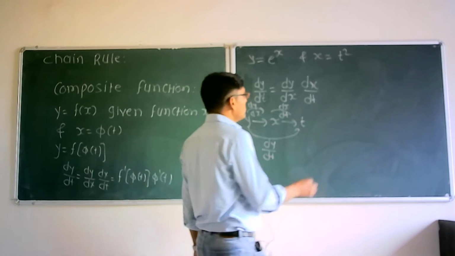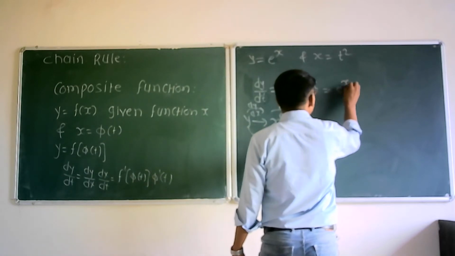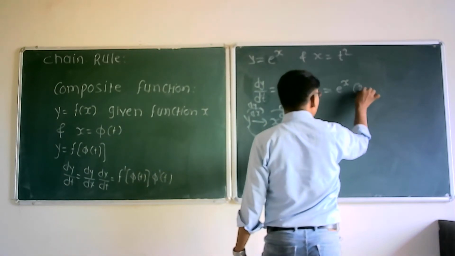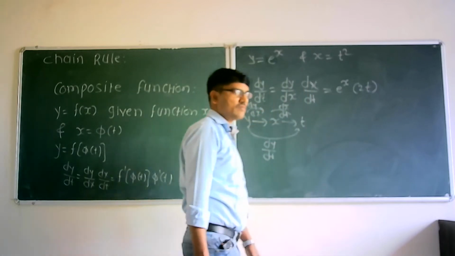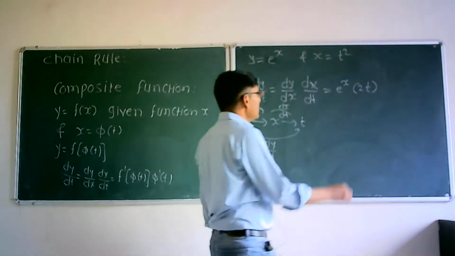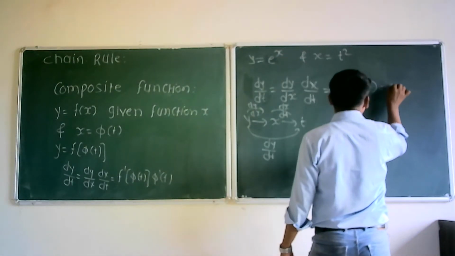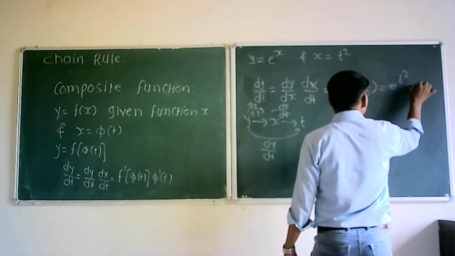So it is equal to e raised to x, and the derivative of t square is 2t. If you put x is equal to t square, that is e raised to t square into 2t.